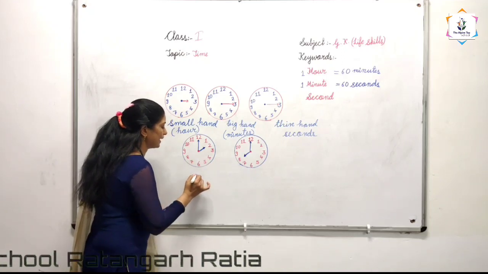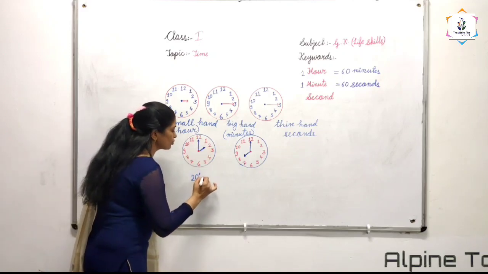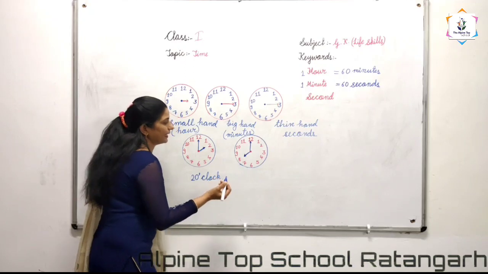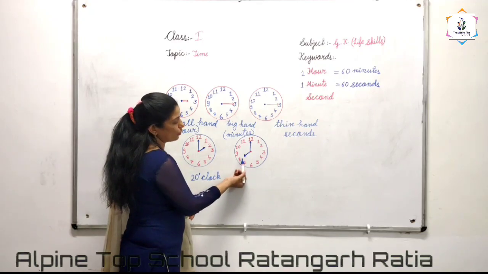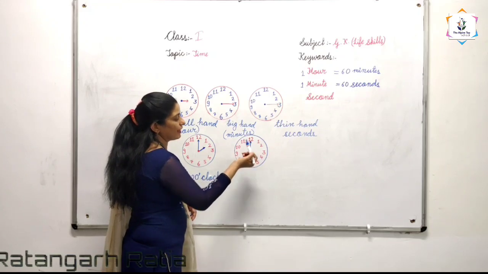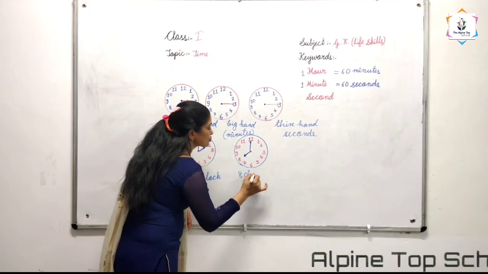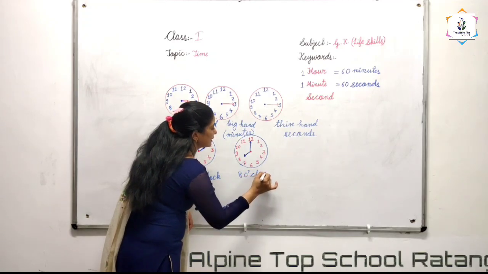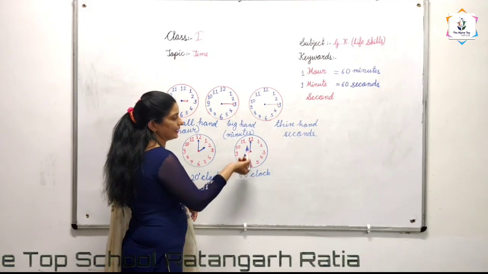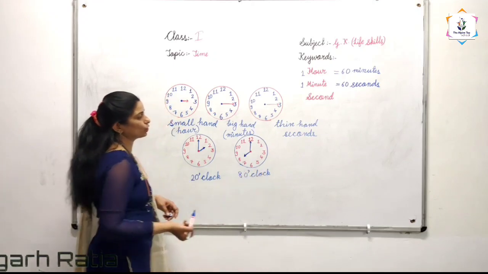Next, when the small hand is at 8 and the big hand is at 12, it is 8 o'clock. So like this, we can read the time.